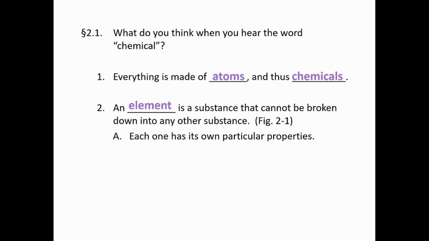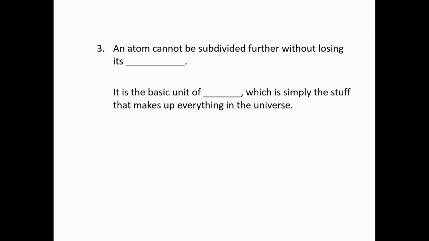Some of these atoms are classified together because they share properties. We call that an element. So the element is the substance that cannot be broken down into any other substance, and they have their own particular properties that make each element unique and different from the rest. An atom is a single unit that cannot be subdivided further without losing its properties as well. Right? So one atom would be an element.